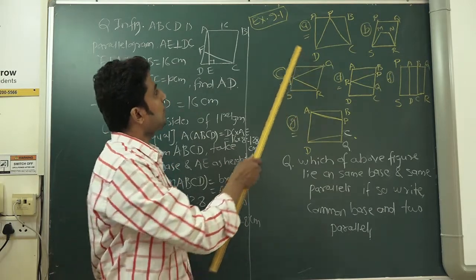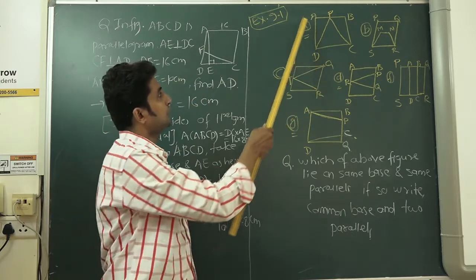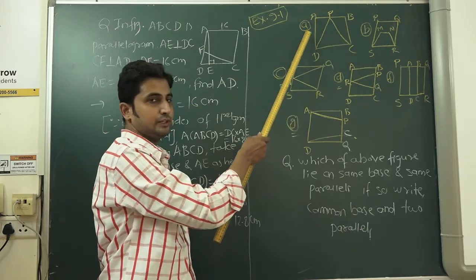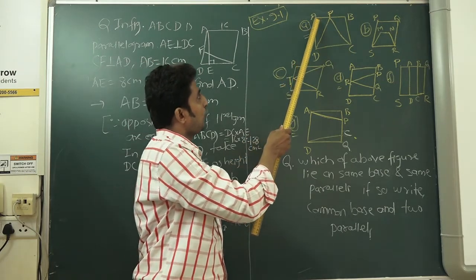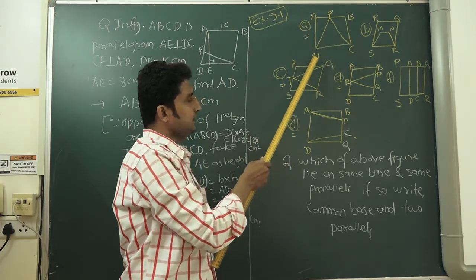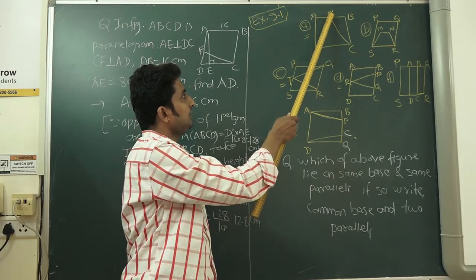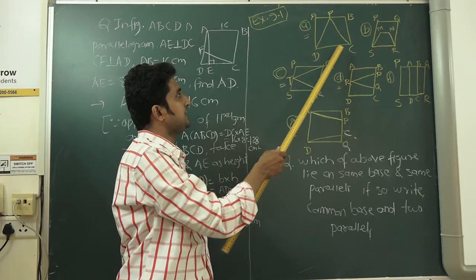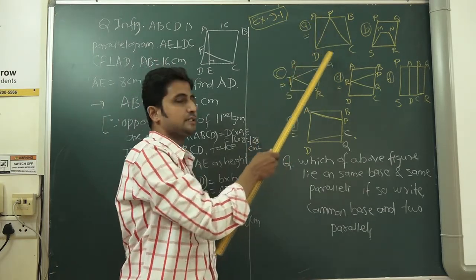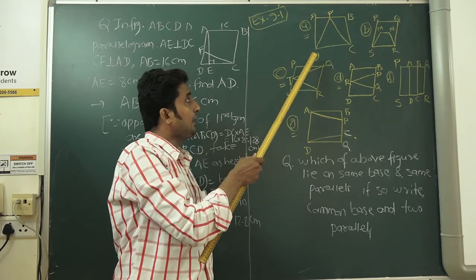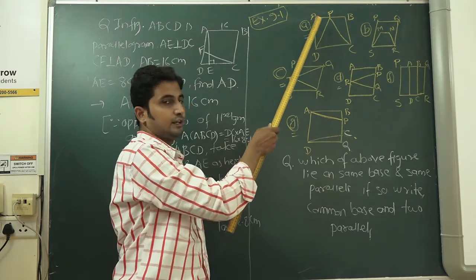Now dear students, some figures are given here. If you watch figure 1, please focus on this. In this figure, quadrilateral ABCD is given, and within it a triangle PDC is given. Please watch this very carefully.